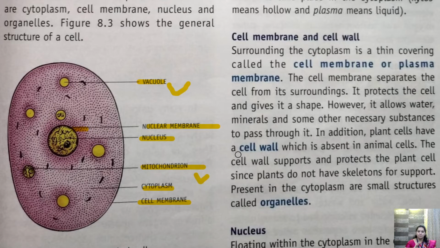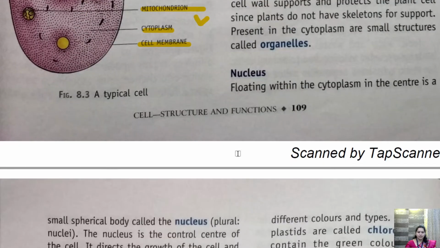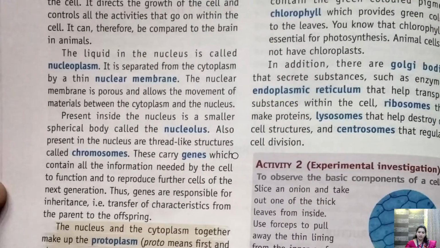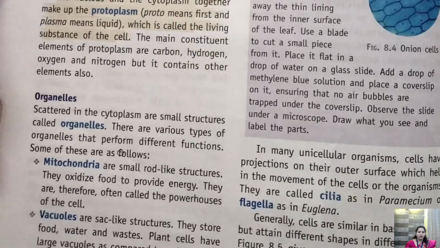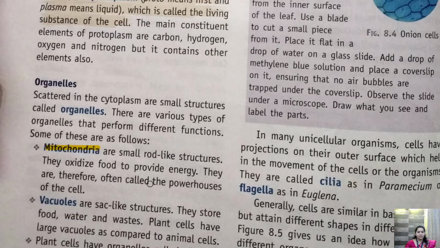There are a few things that are very important here. Mitochondria is called the powerhouse of the cell. Why is it called the powerhouse of the cell? Because all the energy that is required for our body, that we take in from the food and generate, is stored in the mitochondria.